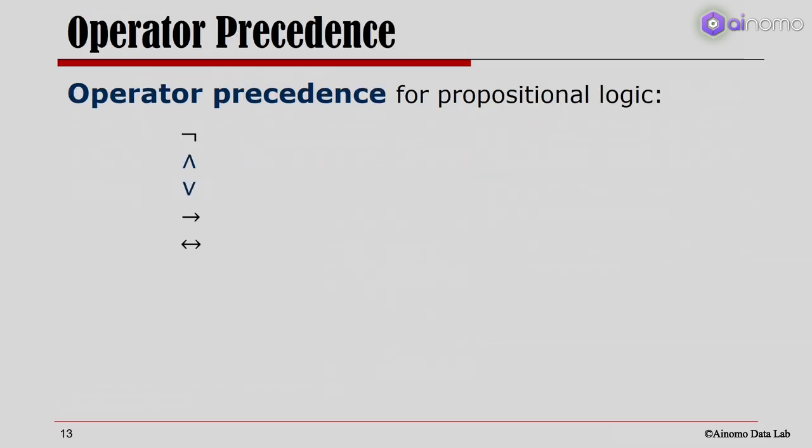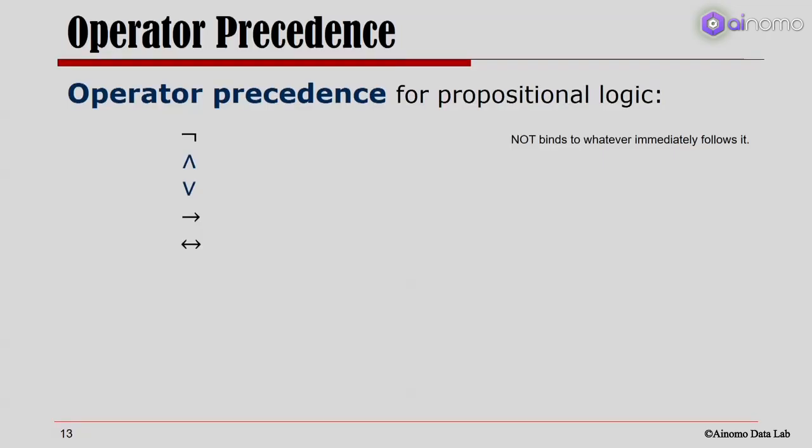Let us look at the operator precedence for propositional logic. We have five operators: the negation, the conjunction, disjunction, the implication, and the biconditional. Not binds to whatever immediately follows it.